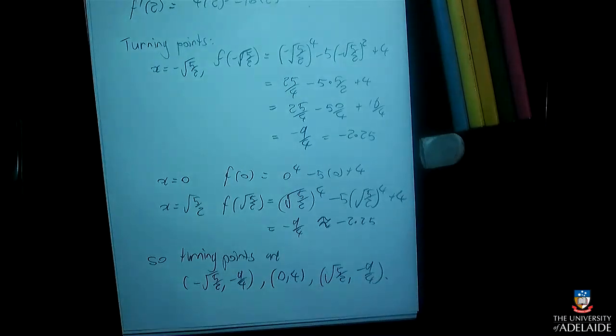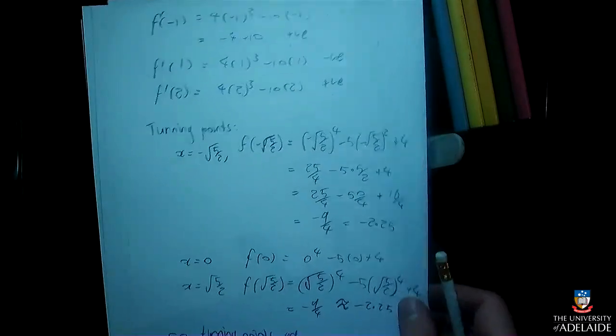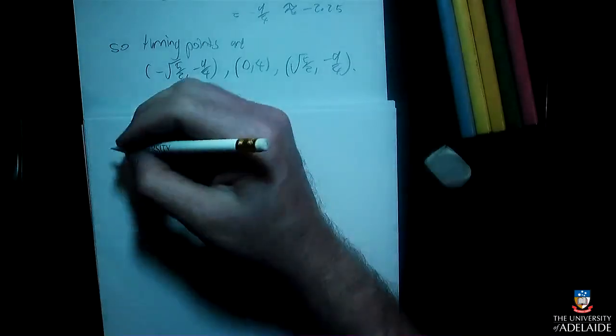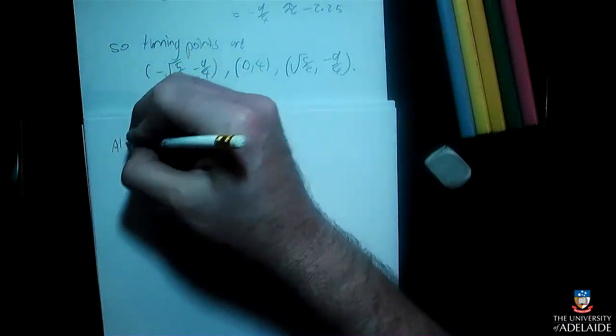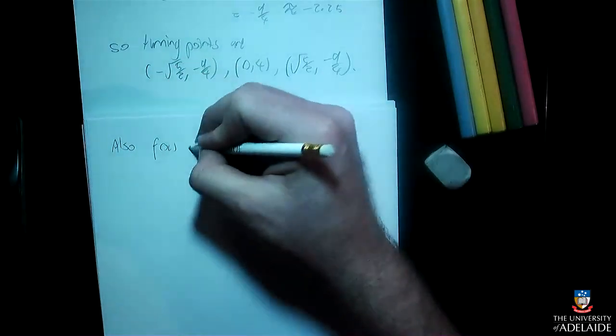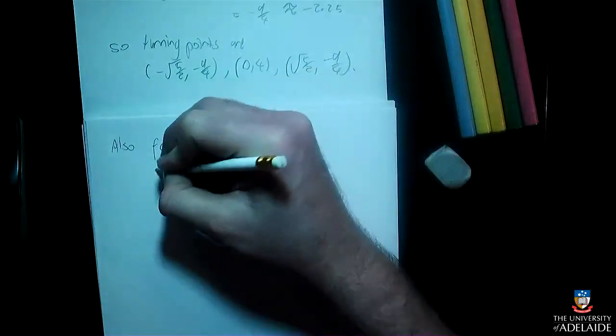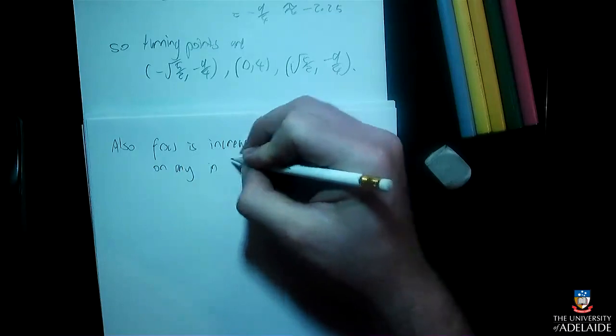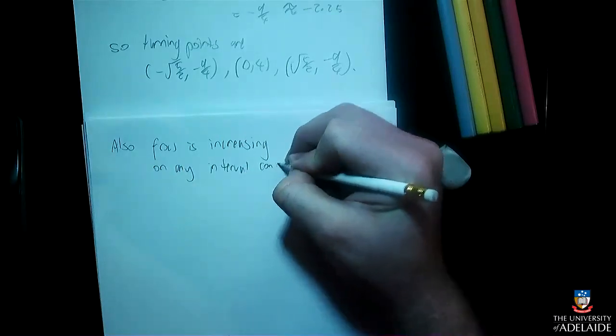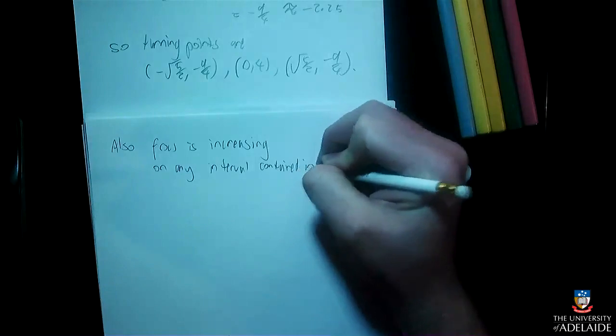Okay, and I haven't quite finished yet because I was asked where it was increasing and decreasing. Okay, so increasing and decreasing is about intervals, right? You can only say that it's increasing or decreasing on an interval, and so you should really say it's increasing on these intervals, and so I can say also f of x is increasing on any interval contained in here.